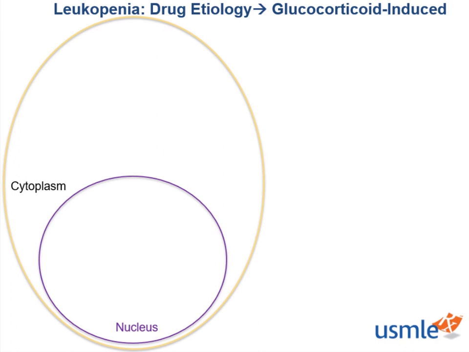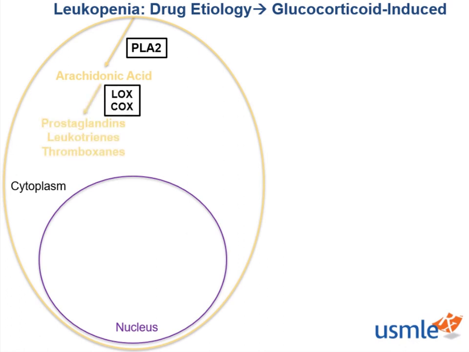The first is the arachidonic acid pathway, which occurs by PLA2, phospholipase A2, converting cell membrane lipids into arachidonic acid. Subsequently, lipoxygenase and cyclooxygenase convert arachidonic acids into prostaglandins, leukotrienes, and thromboxanes that mediate the inflammatory response.